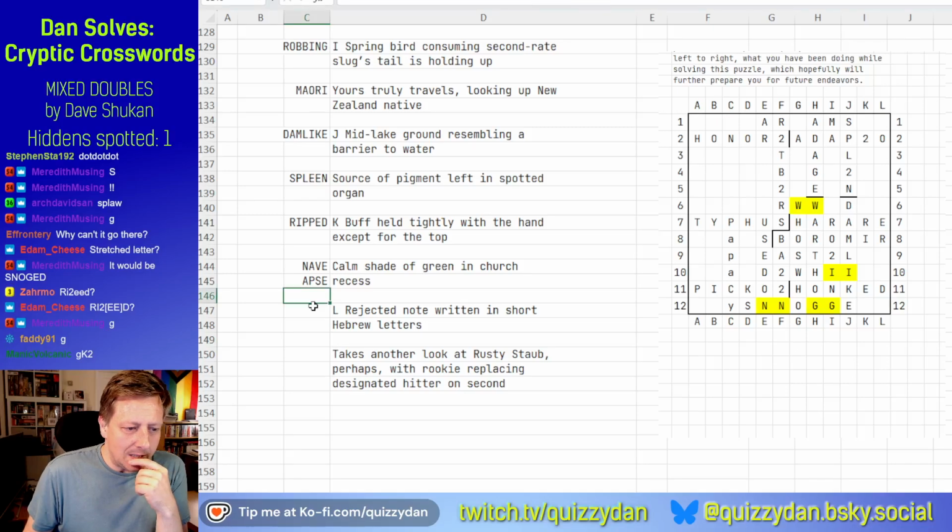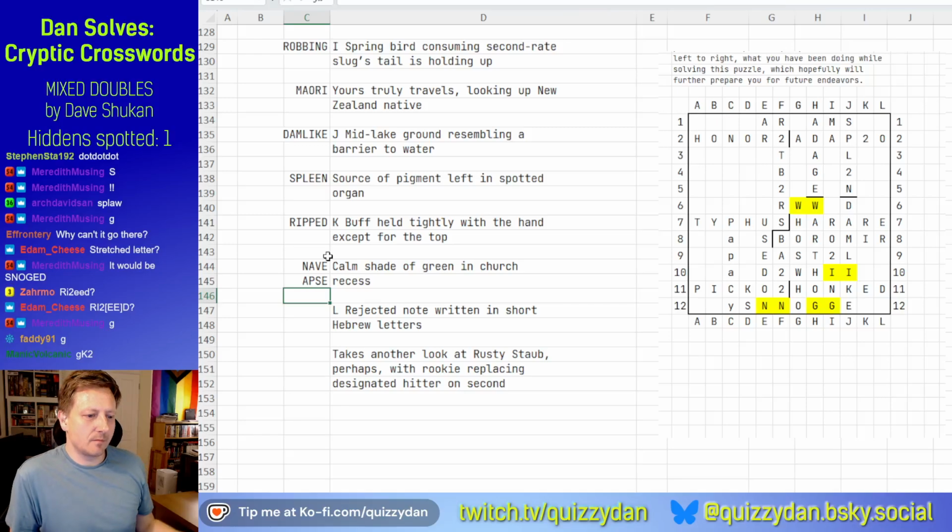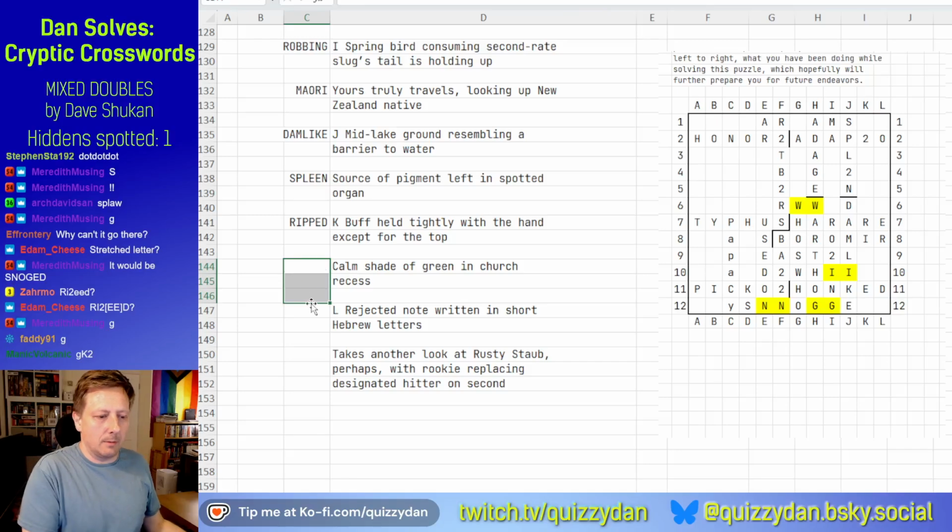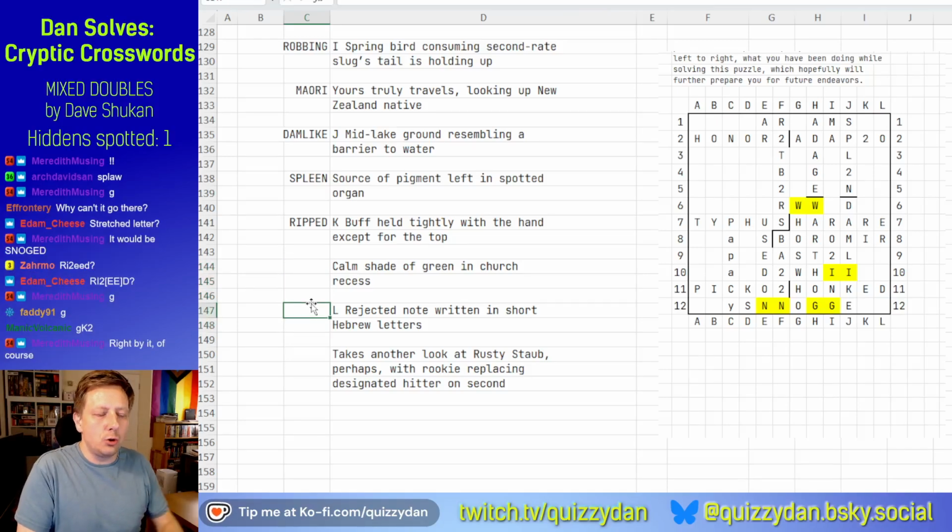Shade of green, lime, olive, pea, bay, vivid. No, not getting that. I'll come back to that later. Rejected note written in short Hebrew letters. Now, what clue is this? Well, this is L down.